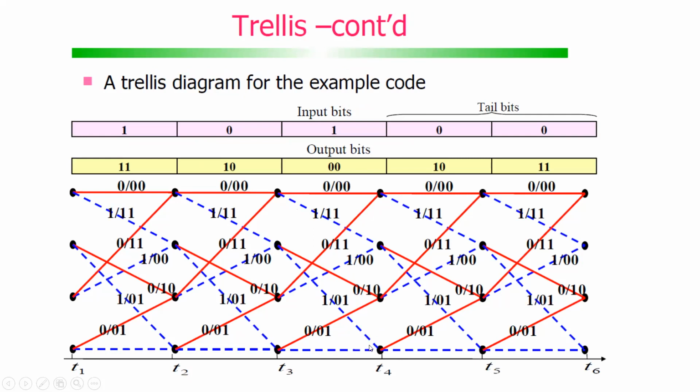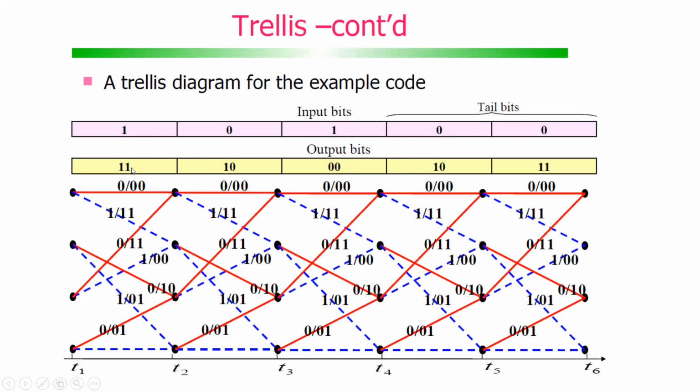T4 to T5, T5 to T6, again the same procedure. So for how many times do we have to move forward? The input data was 101, and we need these two tail bits to flush this data out, to get the 5 code words.